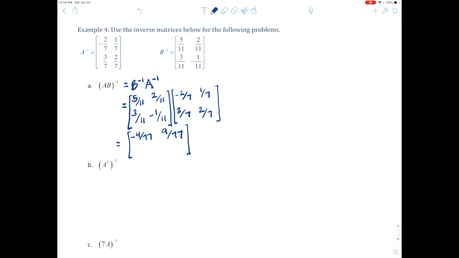Let's work on that second row, and we'll get -6/77 minus 3/77 is -9/77. And finally, 3/77 minus 2/77 is 1/77. And we've got it.